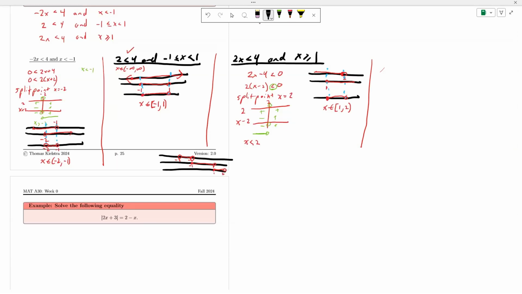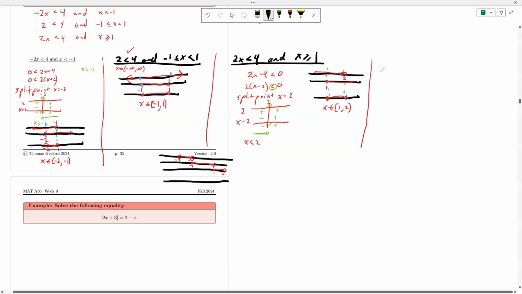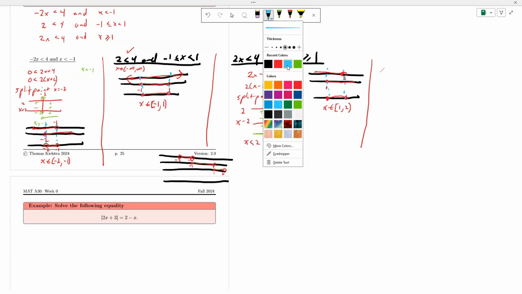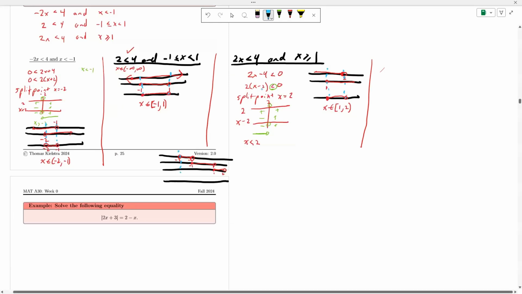So at this point, I take the union of all 3 of these subproblems. I'm going to draw a dotted line down at all the points where it changes. And remember, the union is where it exists in any of them. So it does not exist at -2, and up to -1 it doesn't exist at -1. It does.